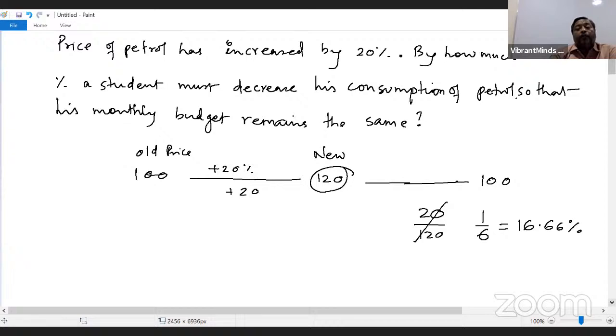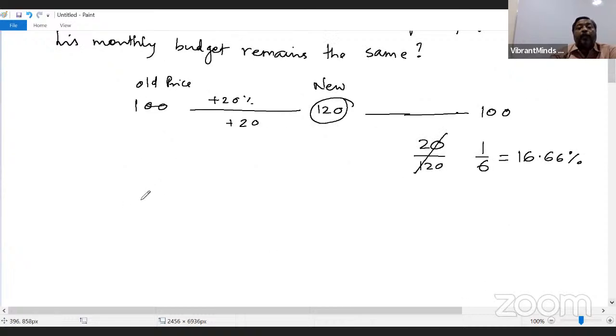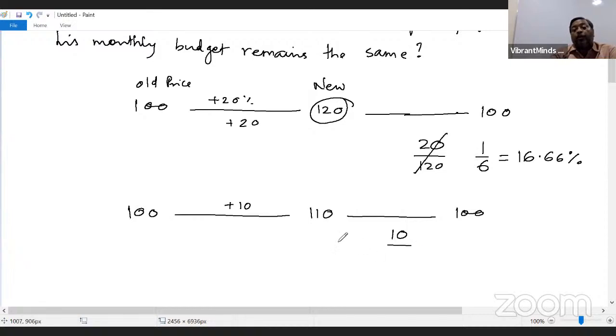Go ahead. Now see, this can be again explained. Let's say 100 rupee petrol price, let's say increased by 10%, 110. The person is going to buy 100 rupees petrol only, so he will get 10 rupees petrol less on the price 110.